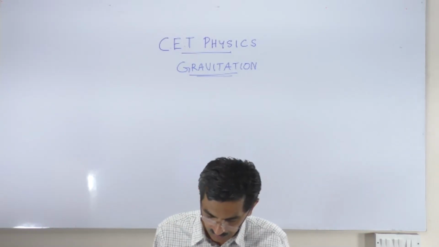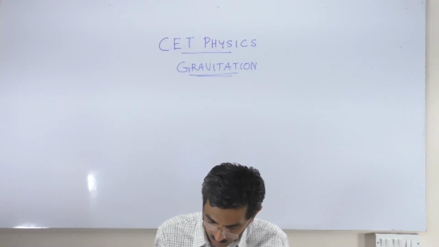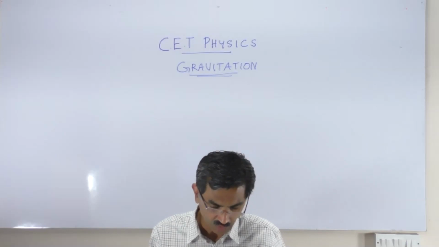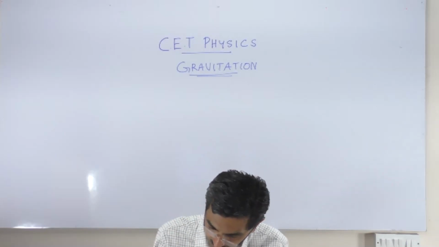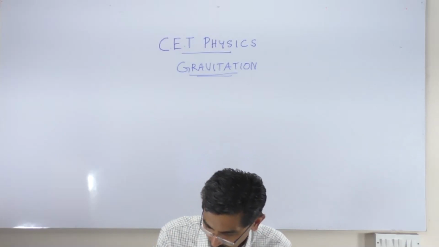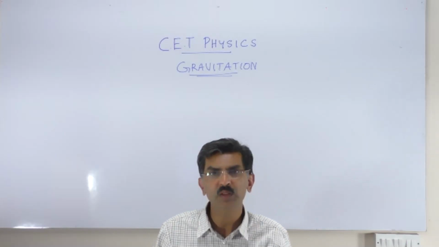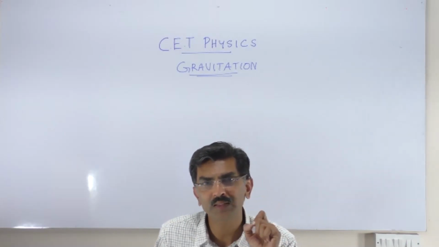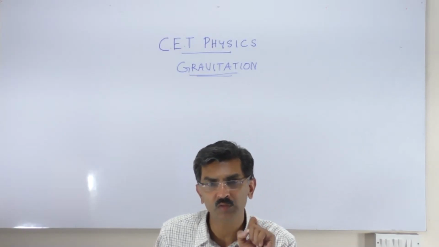And you have to calculate the relationship between r, small r, and the radius of Earth. And when you simplify this, you will get, what does it mean? It has reached a maximum height which is 4 by 3 times the radius of Earth.